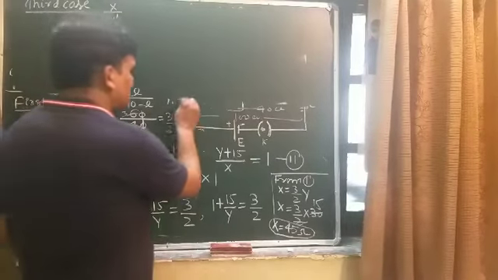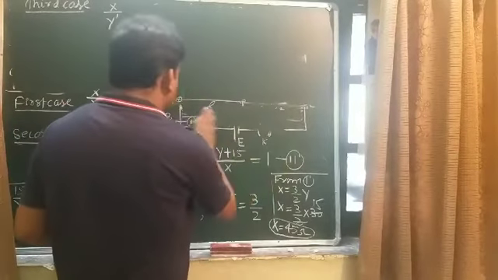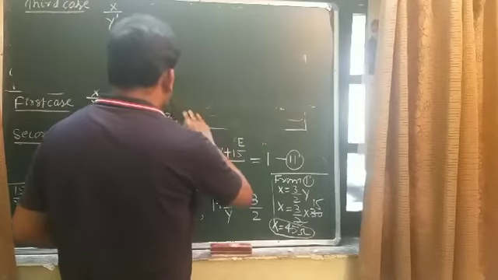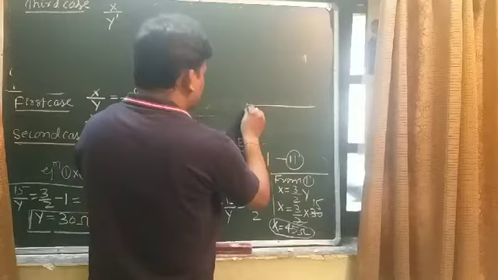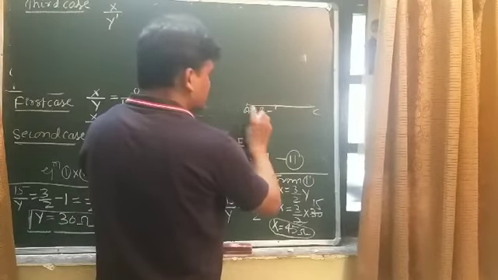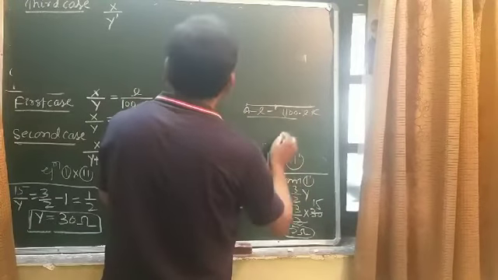Suppose the position of the null point is L centimeter from end A. Here A and here C. Suppose that the null point in the third case comes out to be L, and here it is 100 minus L, you know that.